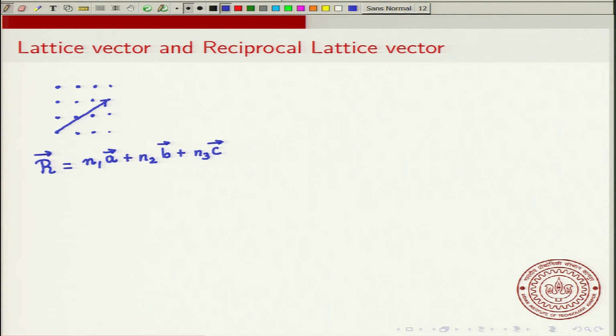This is called a lattice translation vector.